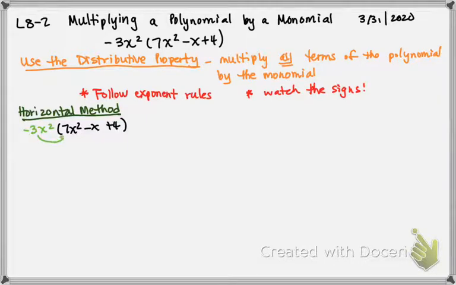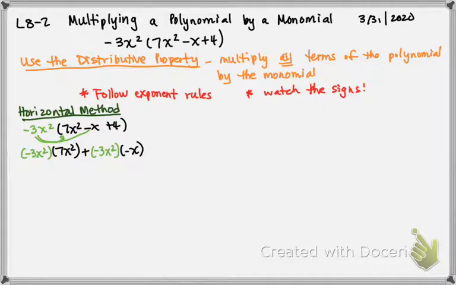We're going to multiply the negative 3x squared times the first term, 7x squared. And then I'm always going to use pluses here. And then I'm going to multiply negative 3x squared times, and catch this one, guys, it's a negative x.